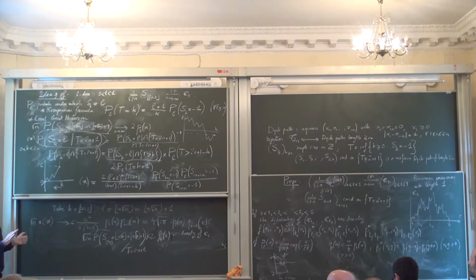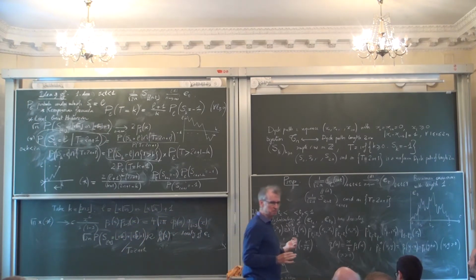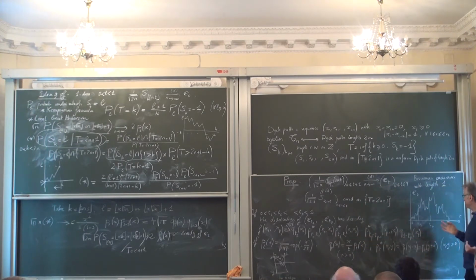Is this clear, roughly? Or is there any question? Maybe can you say whether it is a diffusion or not, this process? Oh, is it a diffusion? You mean the Brownian excursion? Well, it depends what you call a diffusion. It's a Markov process.